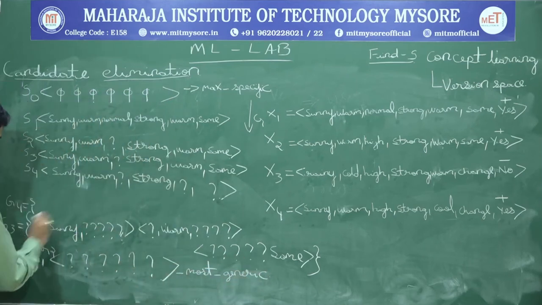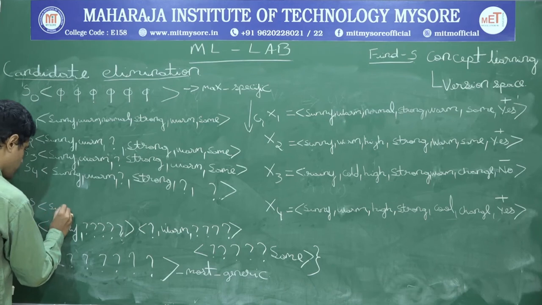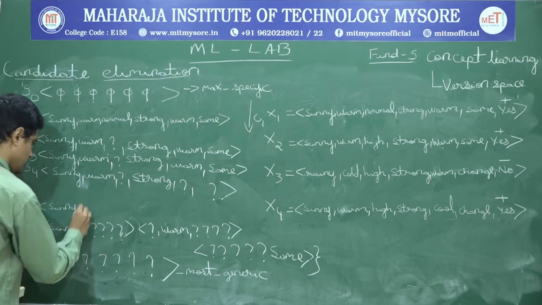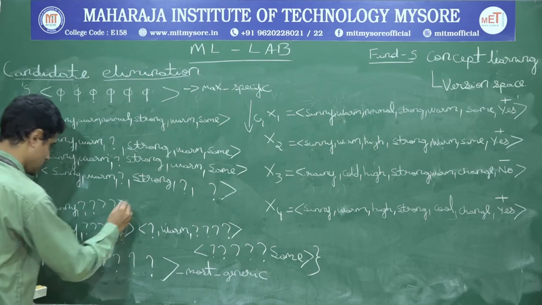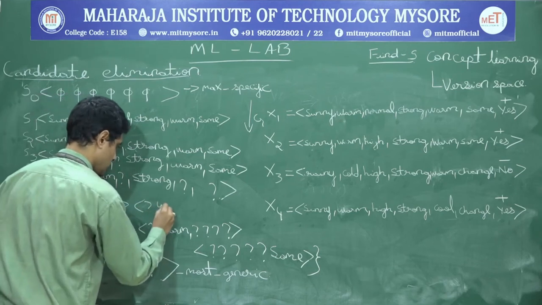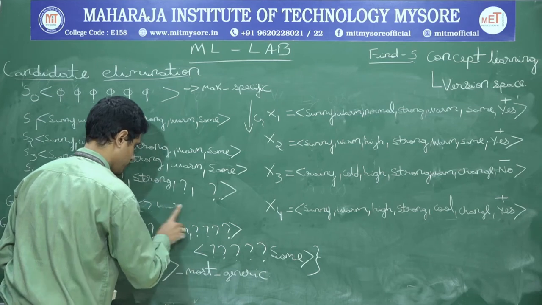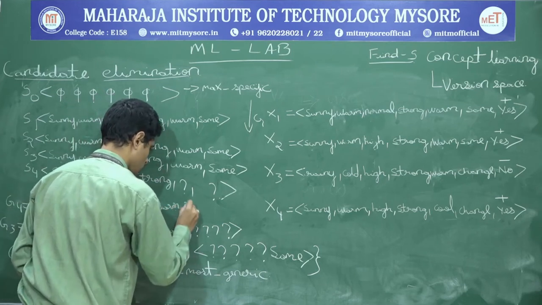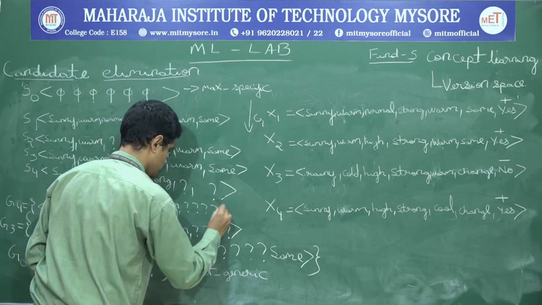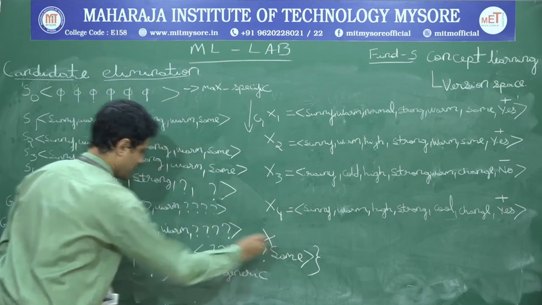So on G4, what happens is this particular thing will be removed. What is my G4 now? It is sunny, question mark, question mark, question mark, question mark, question mark, and question mark, warm, question mark, question mark, question mark, question mark. So this will be removed.